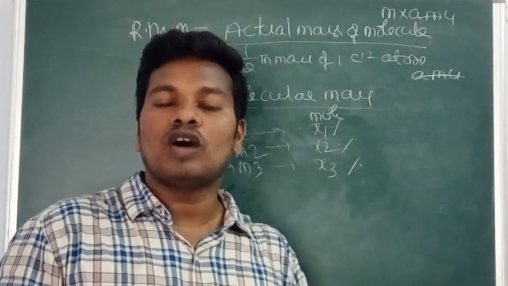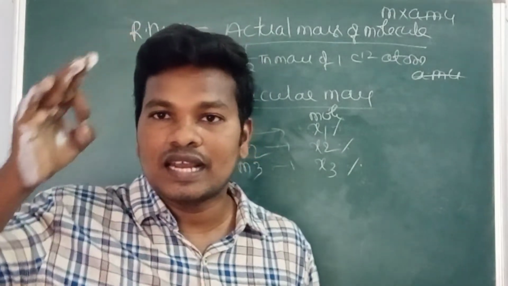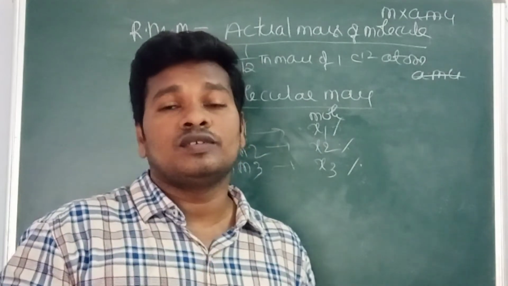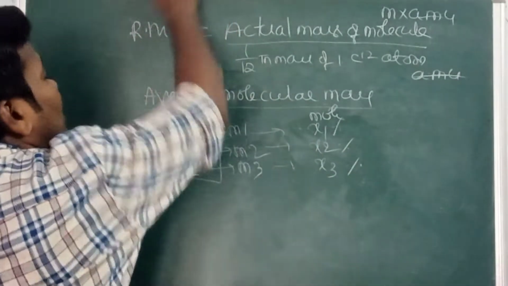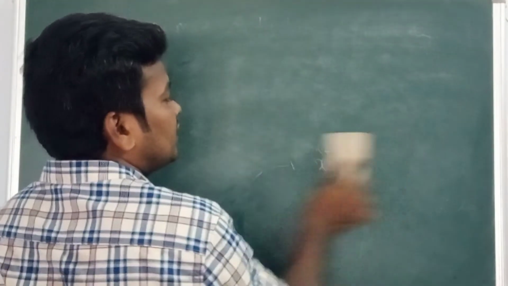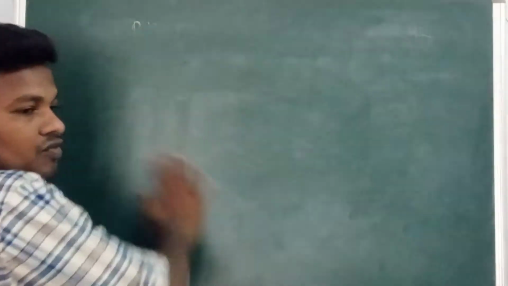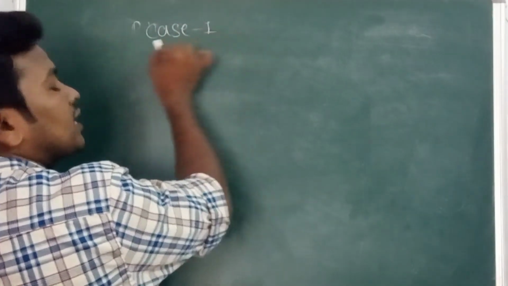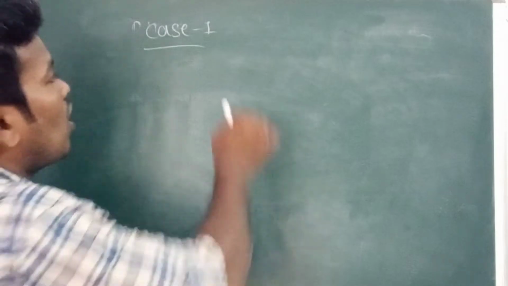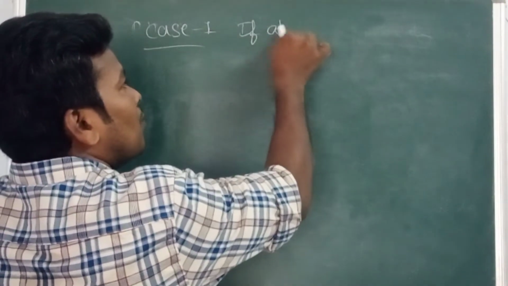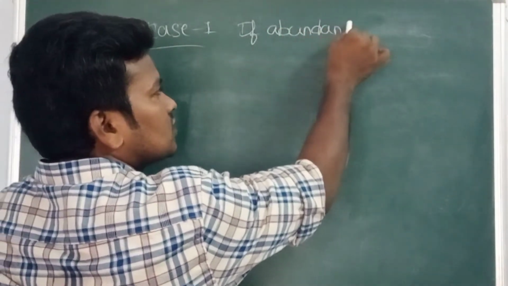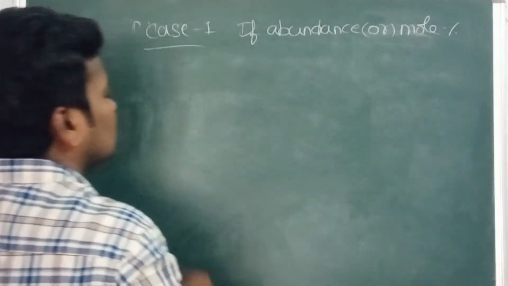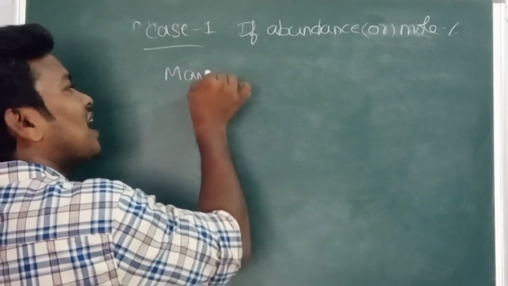Here three important formulas will help us to calculate the average mass and the number of moles. Of course you have already watched the mole concept, so better to go through the mole concept video once. Now you can see case 1: if abundance is mole percentage, or mole percentage is given, how to calculate M average?